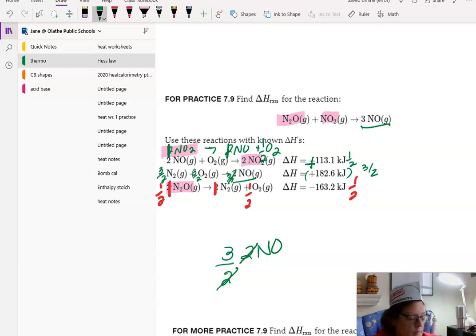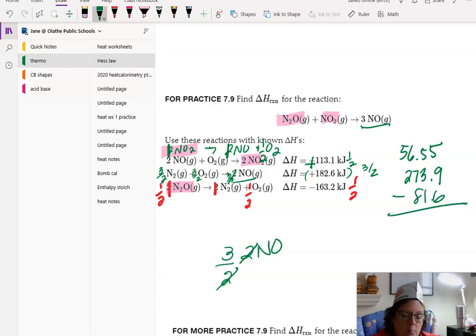Okay, so first I'm going to take 113.1 divided by 2, 56.55, 182.6 times 3 divided by 2, multiply it by 3/2, is 273.9, and then negative 163.2 divided by 2 gives me negative 81.6.